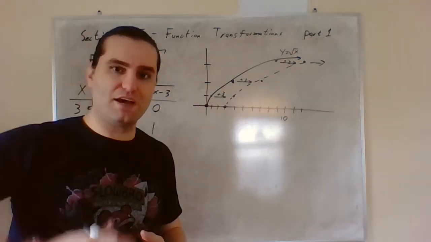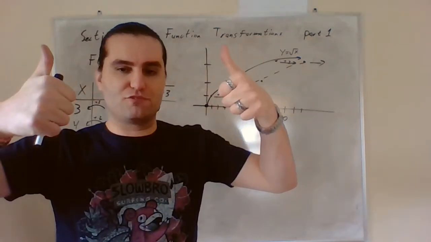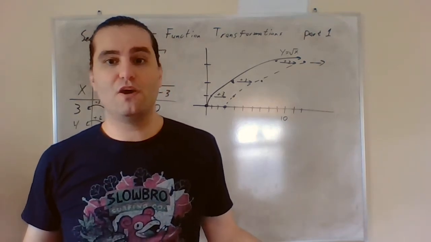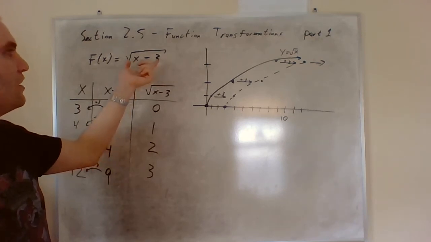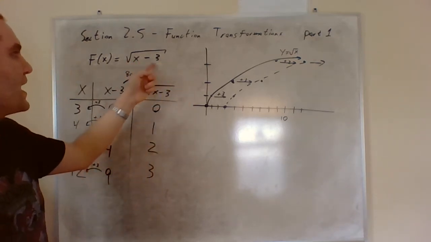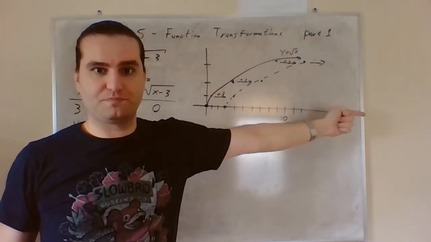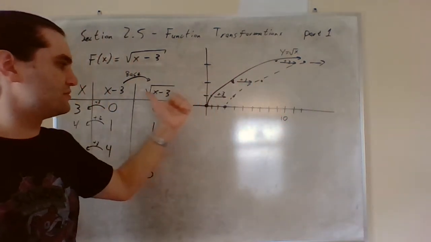When we do up and down transformations, addition makes us go up and subtraction makes us go down, and that makes perfect sense. When we do these horizontal transformations, we end up going in the opposite direction that you would expect. Subtraction makes you go to the right. Addition would have made us go to the left.